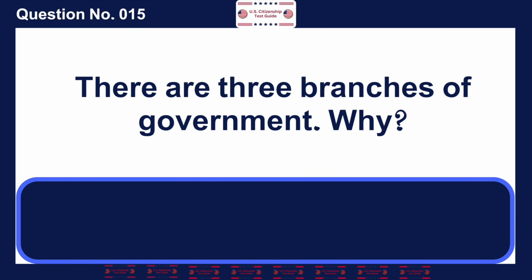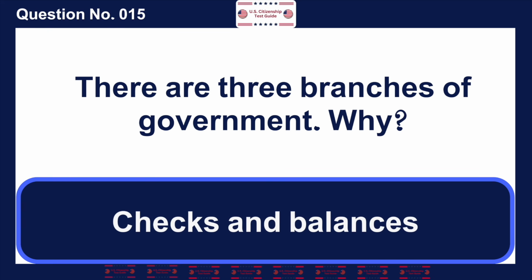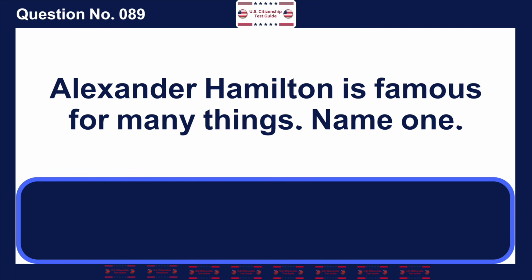There are 3 branches of government. Why? Checks and balances. Alexander Hamilton is famous for many things.